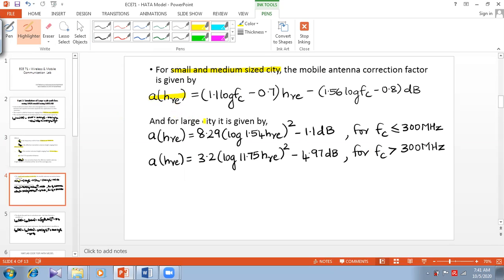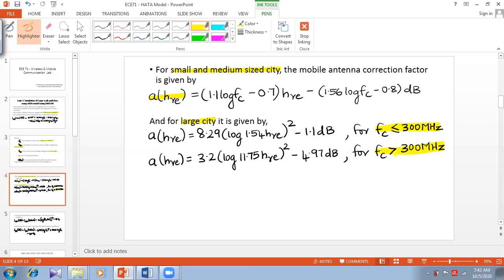Coming to the correction factor given by Hata for large cities, there are two sets of equations to be used. One if the frequency under consideration is less than 300 megahertz, and another formula if the frequency is greater than 300 megahertz. If the frequency is less than 300 megahertz, a(hre) is given by 8.29 into (log 1.54 hre) the whole squared minus 1.1 dB.